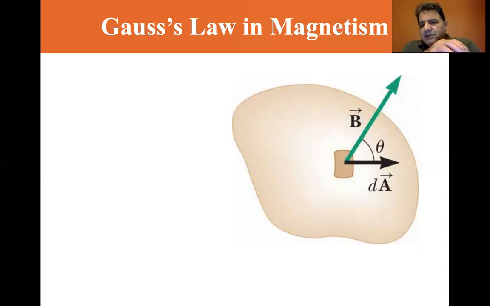So you can see the little dark colored dA, the little portion of the area, is coming out perpendicular from the surface. That is true no matter where you are on the surface. On any part of the surface, there's going to be a vector coming out that is perpendicular to the surface no matter where you are on the surface. And the B is going to be making an angle theta with the perpendicular to that surface.